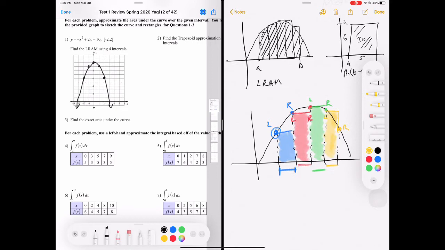If I decided to use RRAM, given these points here, we would choose the right side. I should draw it a little nicer. All these points look the same.